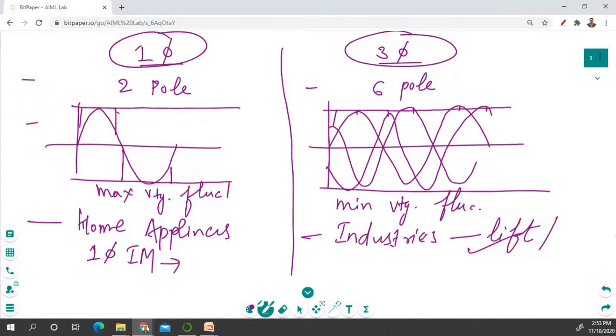You have hair dryer, some mixie is there, so there is induction cooker is also present. So you can use that single phase induction motor in your home appliances. So this is the major difference between single phase and 3-phase systems. Clear?